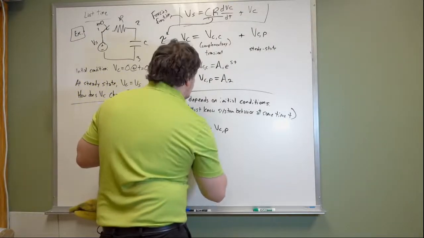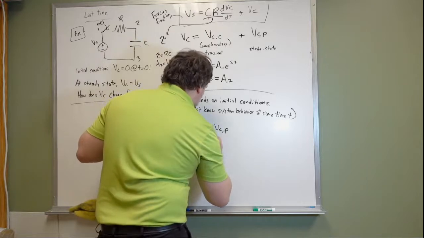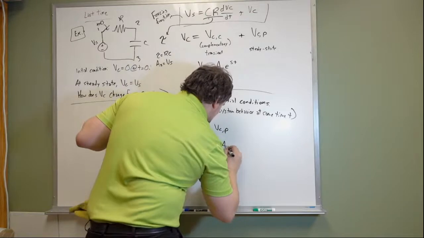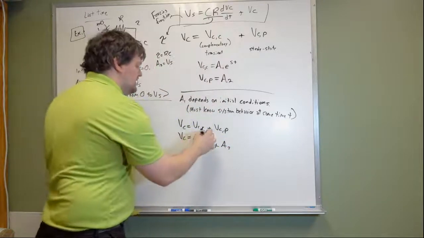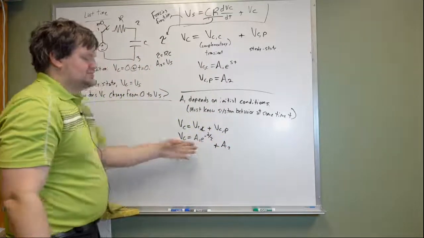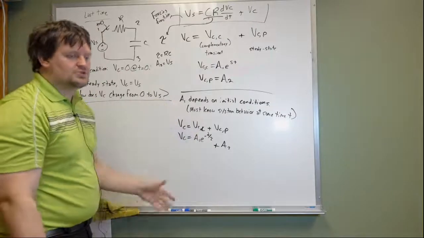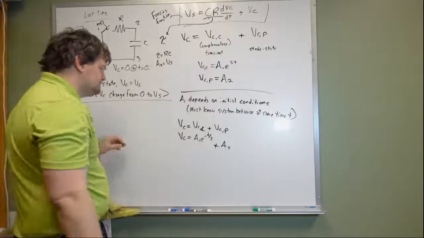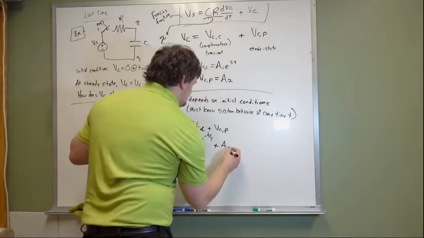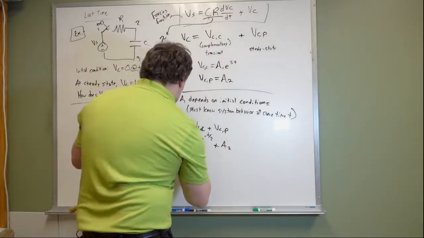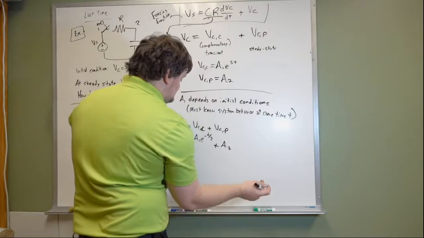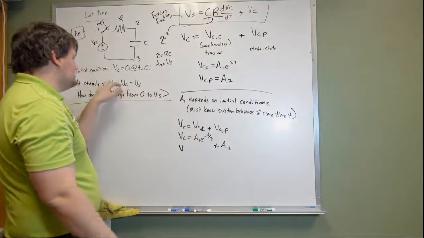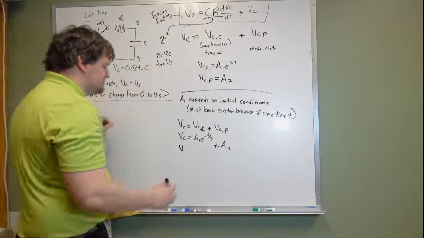Vc is equal to A1 e to the negative t over tau plus A2. Here negative 1 over tau is just equal to S. I'm writing it in this format because it's nicer. So here we know A2, we know tau, we know t, and we know at t equal to 0, Vc is equal to 0.